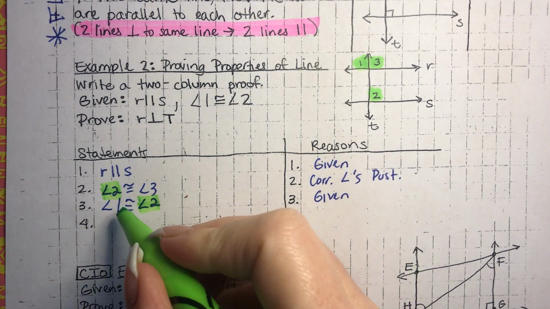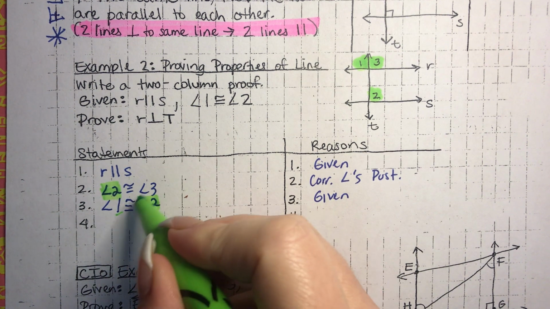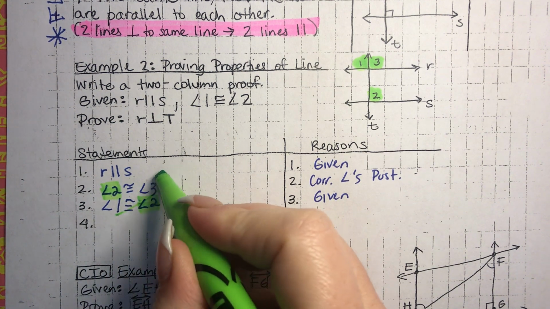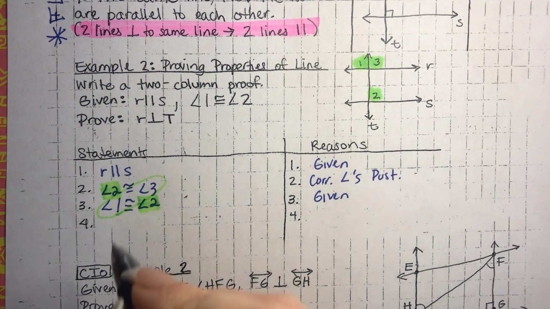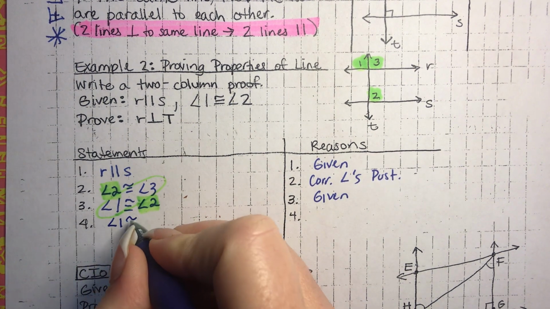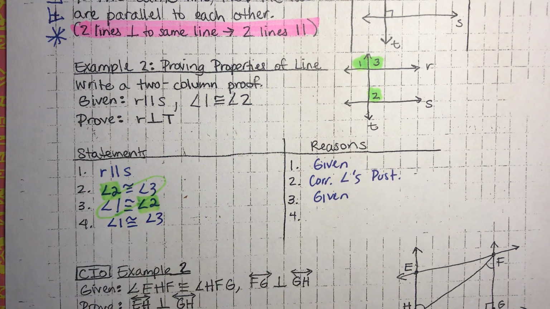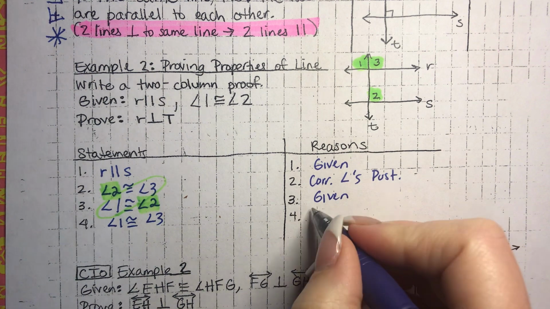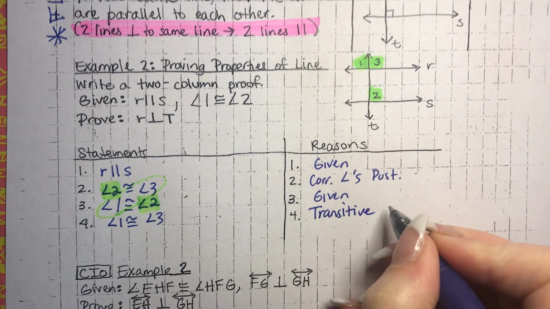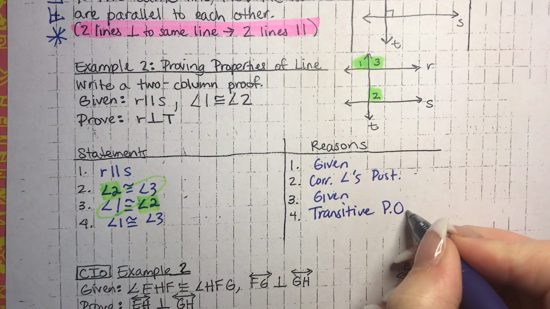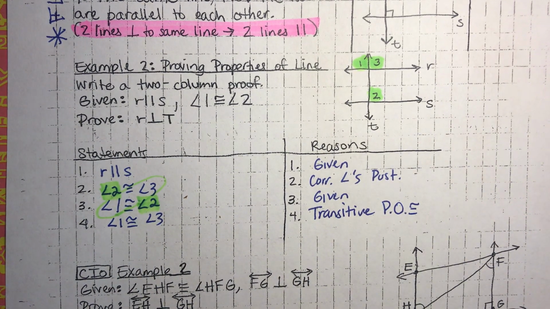Since these angles are congruent to the same angle, we know that they're congruent to each other. Do you remember what that reason is? We can state that angle 1 is congruent to angle 3. Do you remember? Okay, if you said the transitive property of congruence, you would be correct.